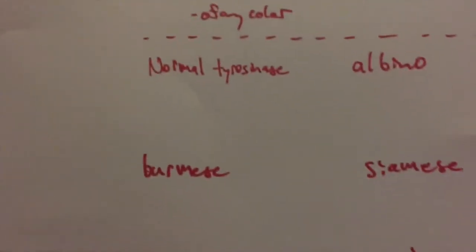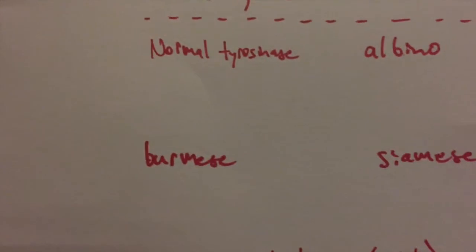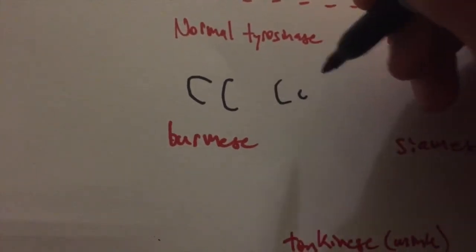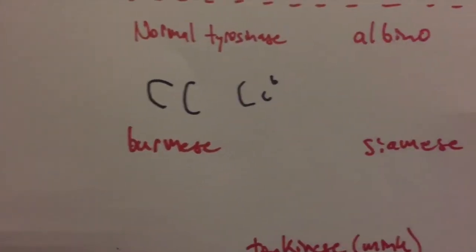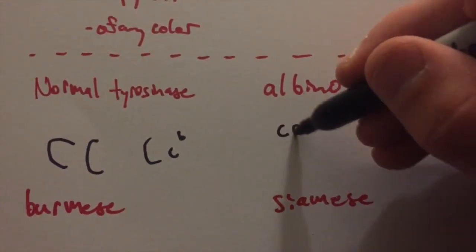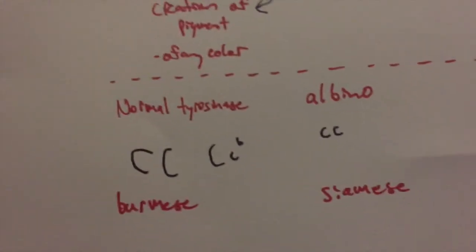So the normal tyrosinase cat would have just a C because it's dominant, and then anything else. It could be another dominant, it could be a homozygote, or it could be the Burmese gene. An albino would have 2 lowercase c's, 2 recessive alleles.